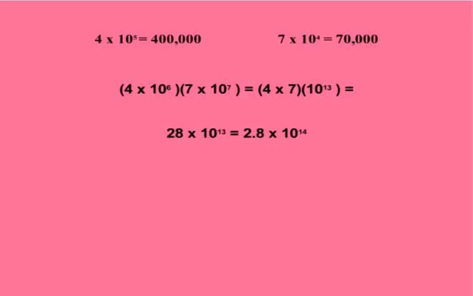So you're going to have 4 times 7, and you're multiplying the same number or variable with different exponents, so you add the exponents, so you get 10 to the 13th, which gives you 28 times 10 to the 13th. But remember, with scientific notation, you have to take it to one decimal place. And we're moving one number to the left, so that becomes 2.8 times 10 to the 14th.